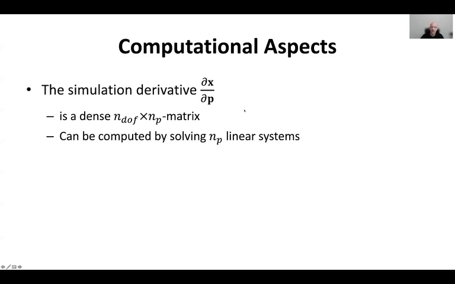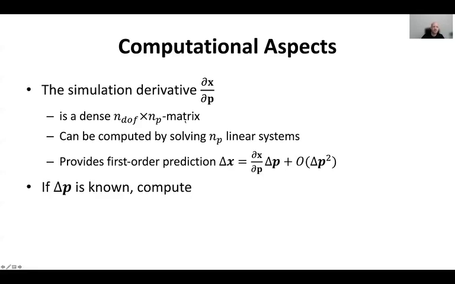Well, we can compute that matrix by solving np linear systems instead of just inverting the matrix df dx directly, which is in general much more approachable computationally than computing directly the inverse of the matrix. I guess that goes without saying, really.